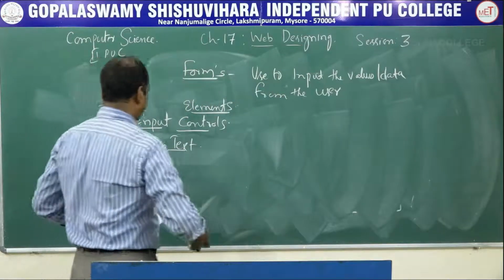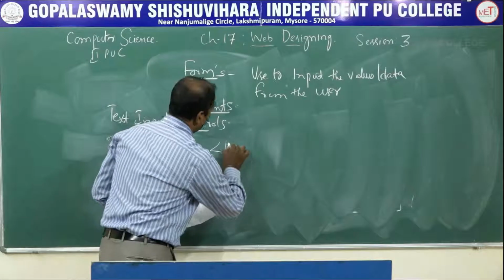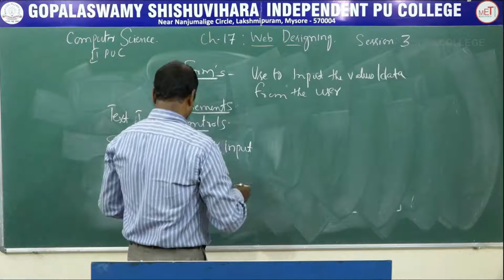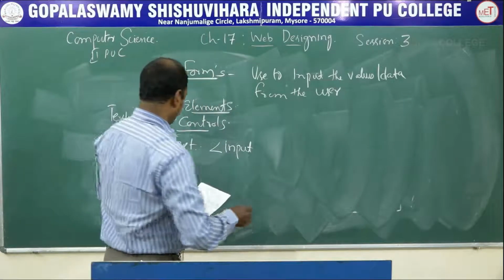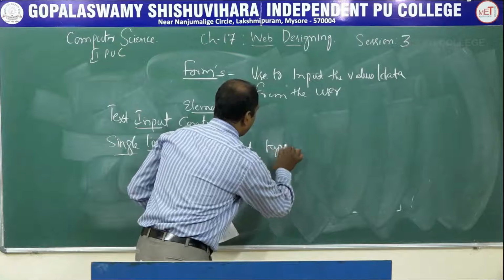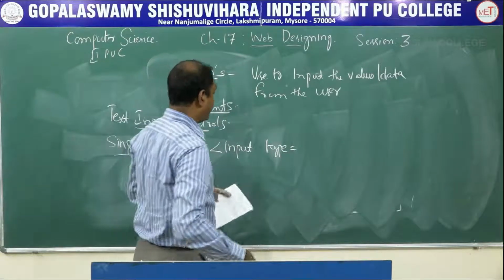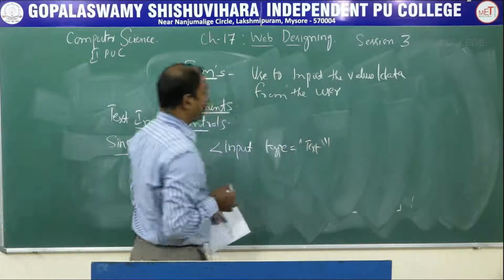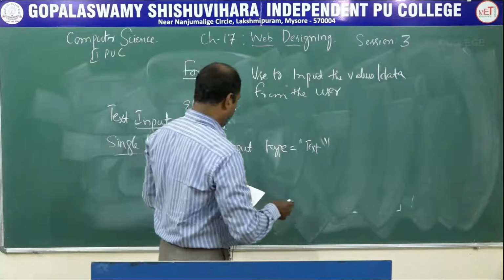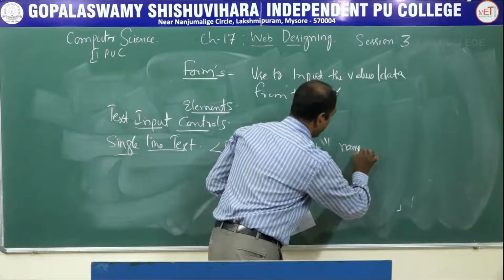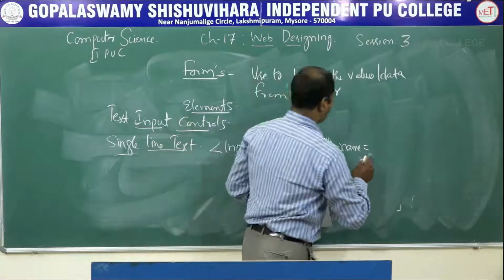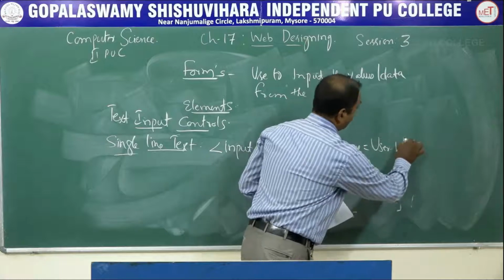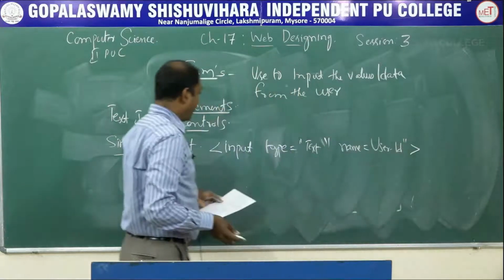See, the syntax is we are writing here input type equals text, because it is a single line input. Input type equals to text, and name equals, for example, user ID. I am closing this input tag.